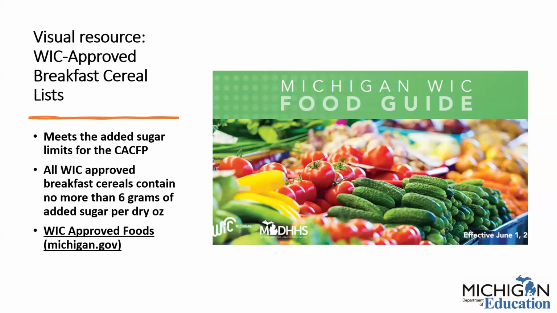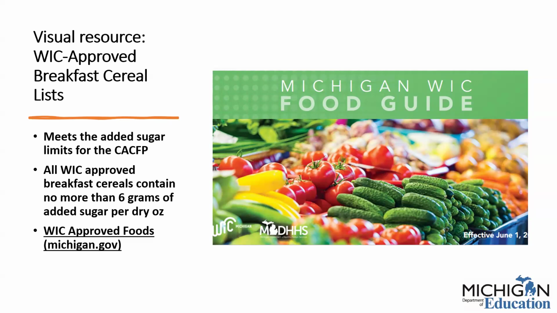If you're not familiar with the WIC food guide, it's an excellent resource, which you will see posted in the chat as well, for creditable cereals. So every cereal listed in their book as of now is approved for our added sugar breakfast cereals. They should all contain no more than 6 grams of added sugar per dry ounce.